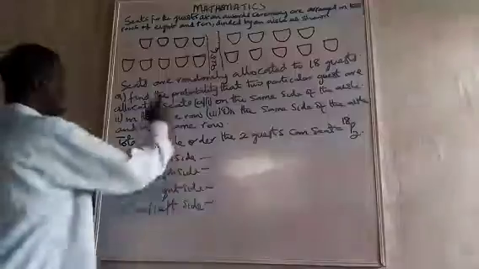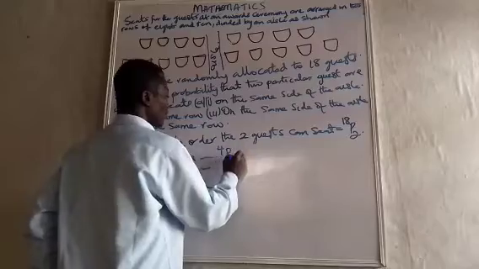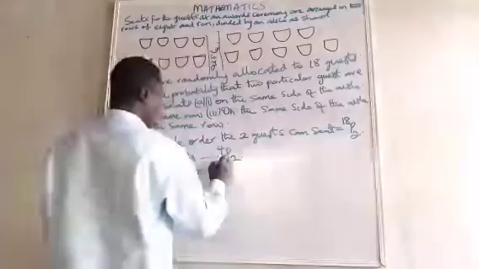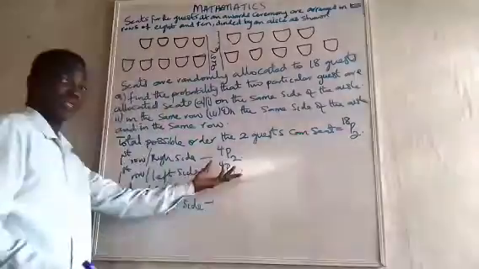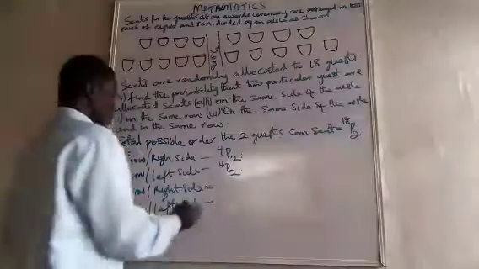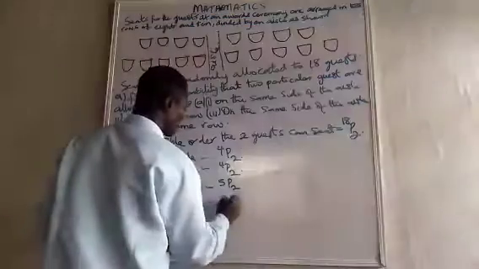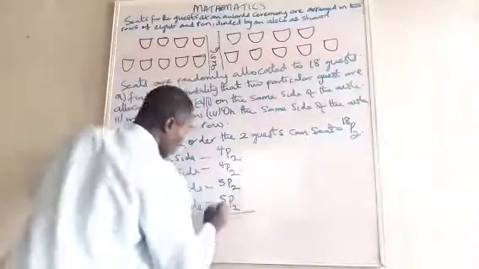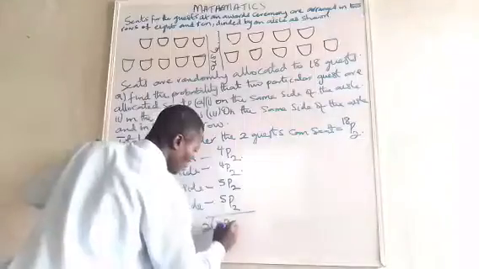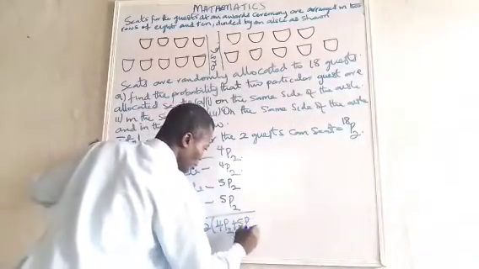For the first one, we are going to have 4 P2. The second one, we are going to have 4 P2. That is the arrangement for the 2 of them in the 4 seats. The second row, first side, is 5 P2. Here we have 5 P2 as well. So the total is going to give us 2 into 4 P2 plus 5 P2.